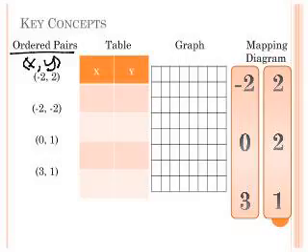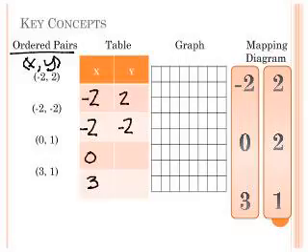So when we know that we're going from ordered pair to a table, we plug into our x column all of our x values that are on the left there. So we just go ahead and fill those in to our table, and this will help us out with our graph. And then we go ahead and fill out the y column with all those right values from the ordered pairs. And we want to make sure that each row corresponds to each ordered pair.